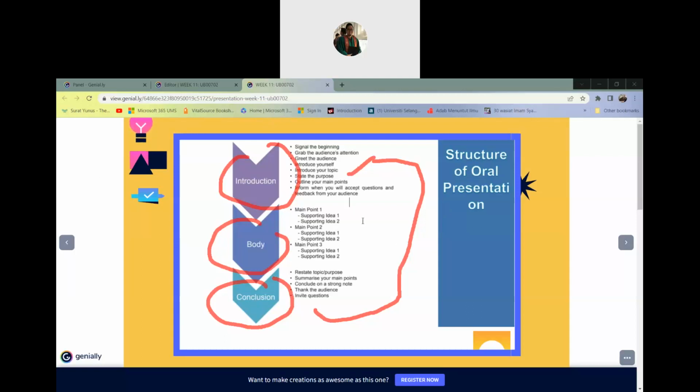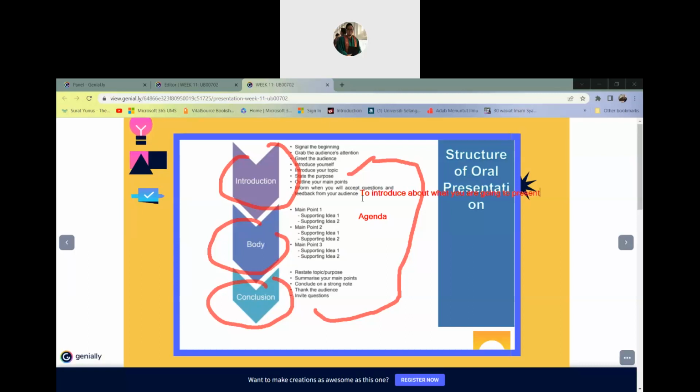The body should be based on the agenda. So this is basically to introduce what you are going to present.